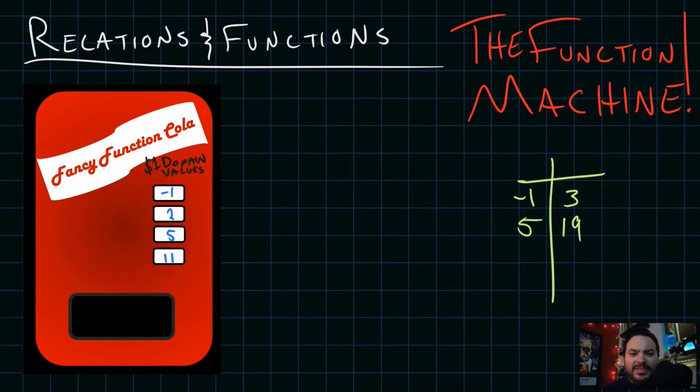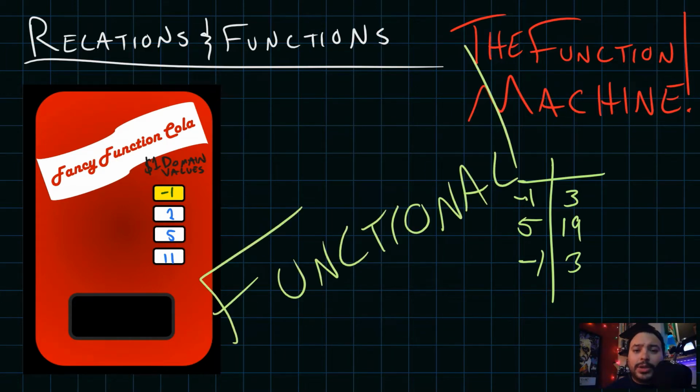So this is all fine and good, but let's say you really had a hankering for that -1 cola again. If you hit that -1 again, you should reasonably expect to get the same thing out, another 3. That's how you can tell that this fancy function cola machine is actually working. The machine is working properly. I would say that's functional, wouldn't you?